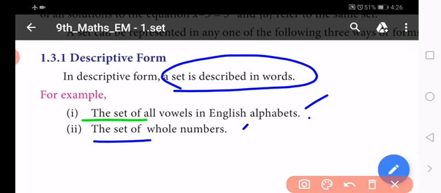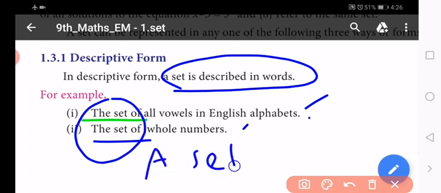That's all. So two examples are given. If any example is written in the descriptive form, the starting words are the set or a set. So starting with this word, it is in the descriptive form.